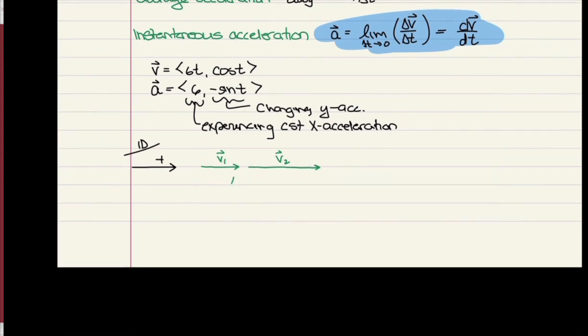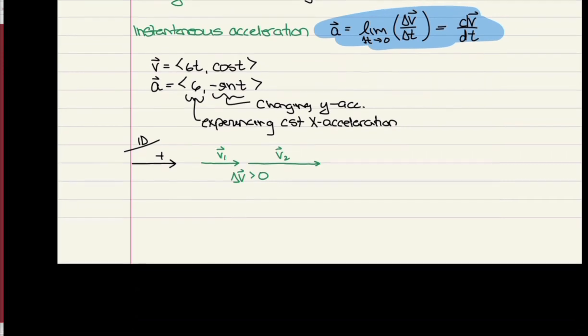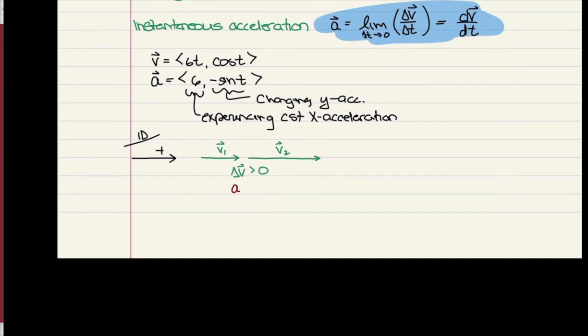The delta v in this case is greater than 0. V final is bigger than V initial, so V final minus V initial is positive. I could divide that by whatever delta t there was, which itself is positive. So I would say in this case there is a positive acceleration. We would say this is an example of it speeding up. It started going east at some 30 miles per hour. It ended going east at 60 miles per hour, say.